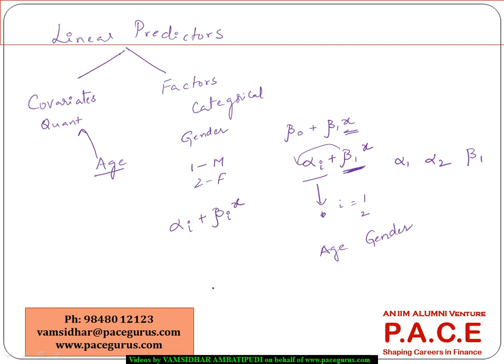So I can change my linear predictor in that kind of a mechanism, right? So whenever we are talking about the covariates, they can have an impact on their own, or they can talk about interactions with other covariates.